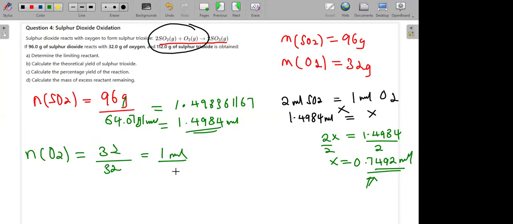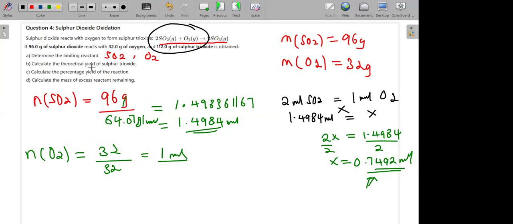But we have one mole of oxygen there, meaning the oxygen is in excess. So the limiting reactant will be the sulfur dioxide, and the one in excess will be the oxygen. All right, so found that, and then calculate the theoretical yield of the sulfur trioxide.